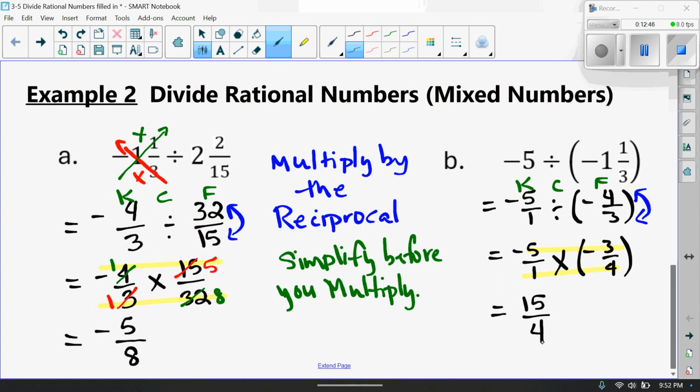Now here we have 15/4, we have an improper fraction, so we need to change that back to a mixed number. So 4 goes into 15 3 times. 4 times 3 is 12, so 15 minus 12, so we have 3 left over, so that's going to be 3 and 3/4.